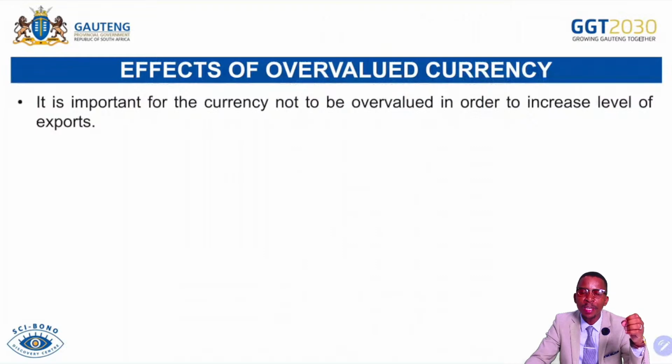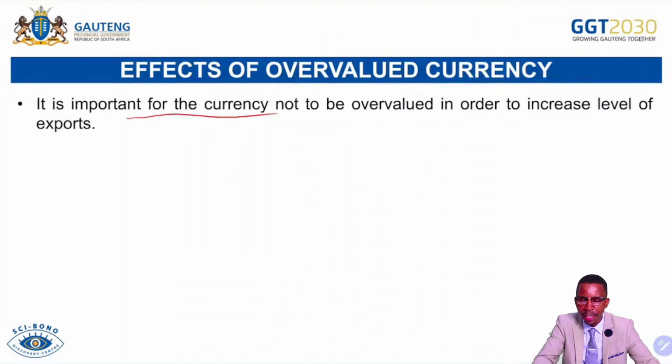However, exports become too expensive in a way that the global demand will be declining, which will hamper the BOP, because as exports become too expensive, foreign consumers will not demand most of the exported goods and services. So that's when the currency is overvalued. It's bad for the economy from one angle, and it can be good for the economy from another angle. So that must be corrected to ensure stability in the exchange rate.